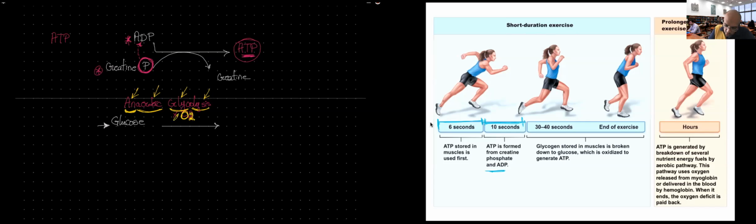So I'm breaking down the glucose without oxygen. No oxygen is required for this reaction. So what will I get out of this reaction? I will be producing 2 ATP ready to be used by my muscles to keep contracting.